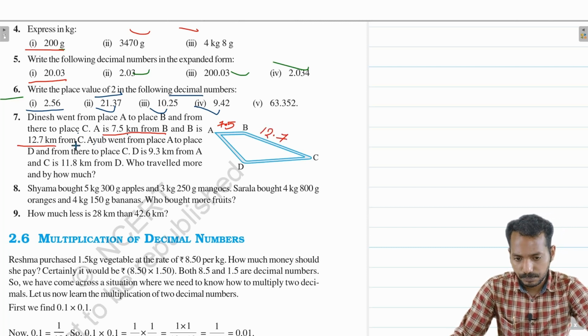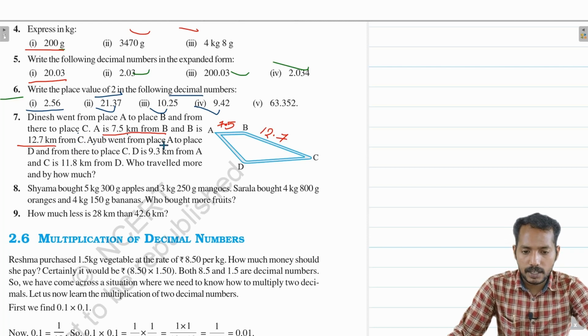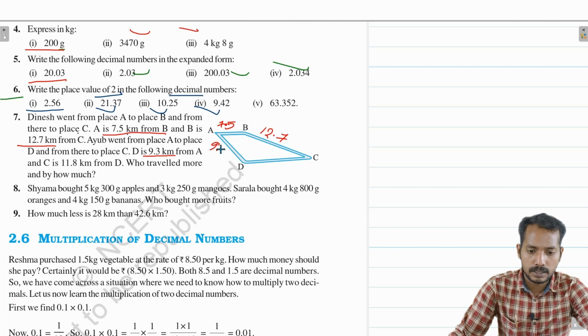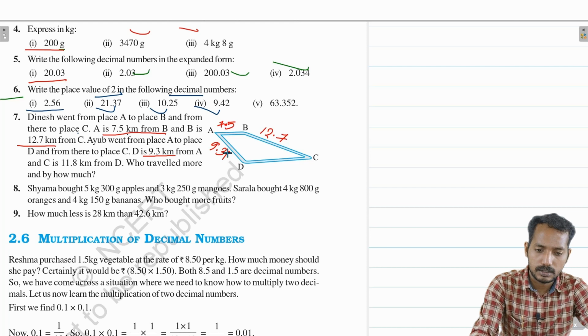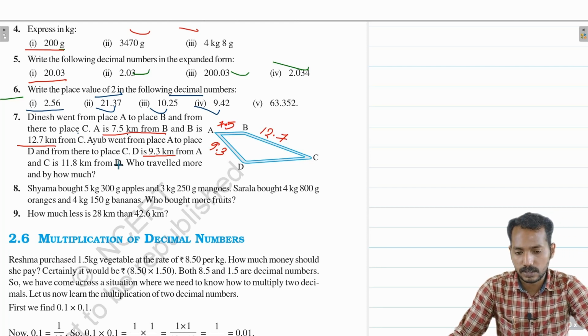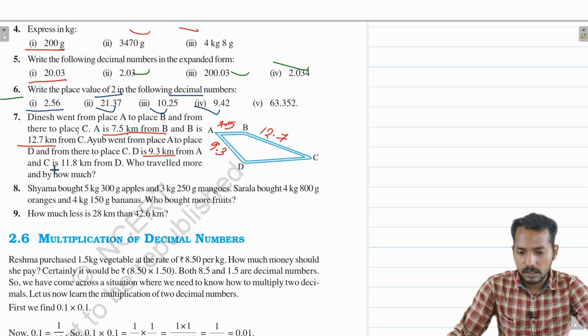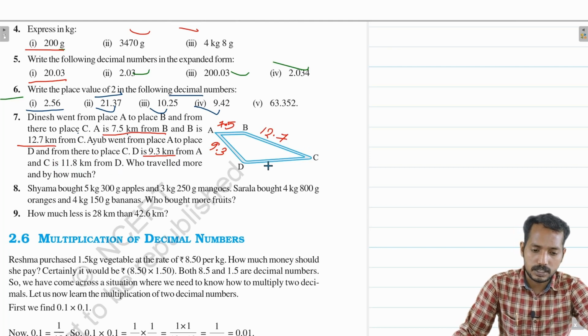Next, Ayub went from A to D. D is 9.3 kilometer from A. So the distance between D and A is 9.3 kilometer. No unit I am not writing, just values only. And C is 11.8 kilometer from D. So the distance between C and D is 11.8.